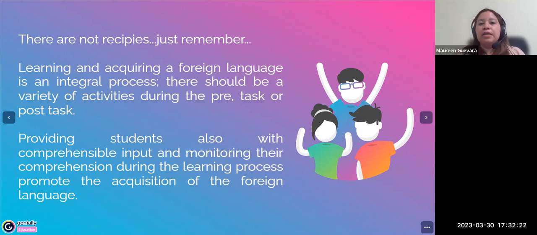So we can have reading activities, we can have listening, we can have oral, and we can have writing activities so that they can use the language in different ways.